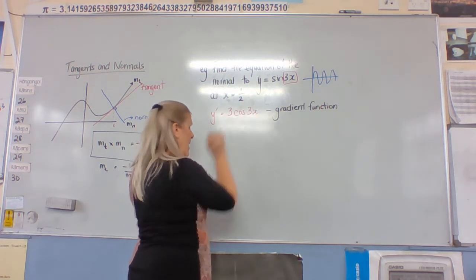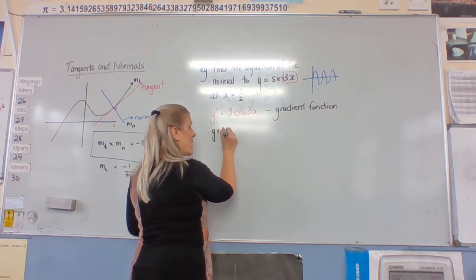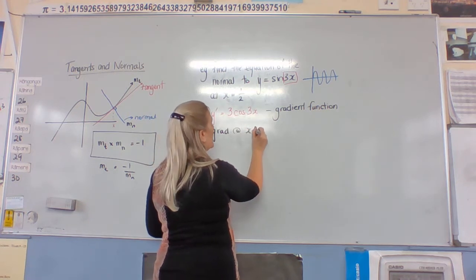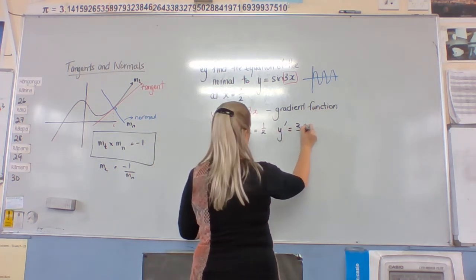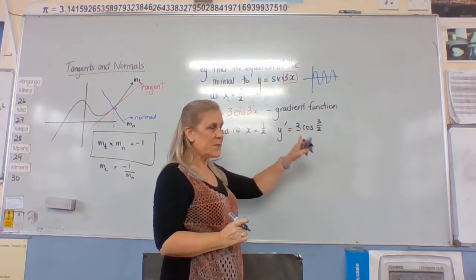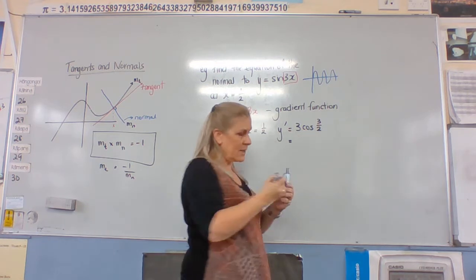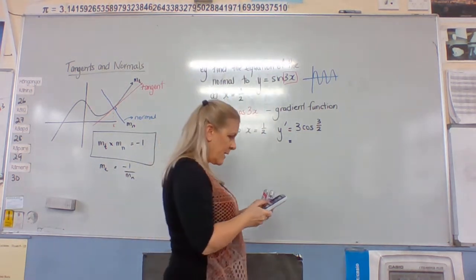So we're going to put a half in here. So the gradient at x equals a half is y dash equals 3 cosine 3 over 2. Right, 3 over 2, 3 times half. Put that in our calculator in radians, because remember we only deal with radians now.